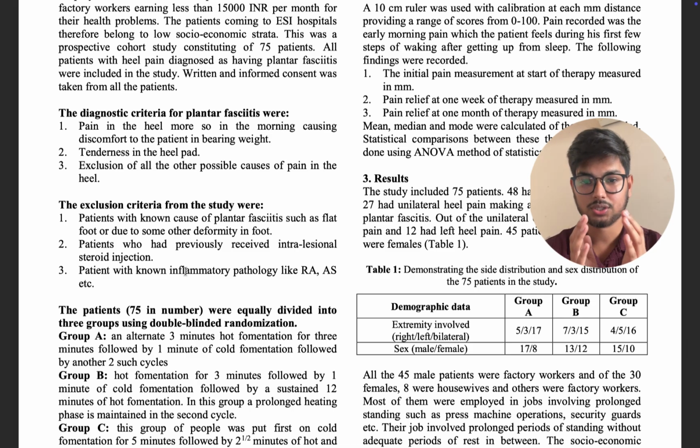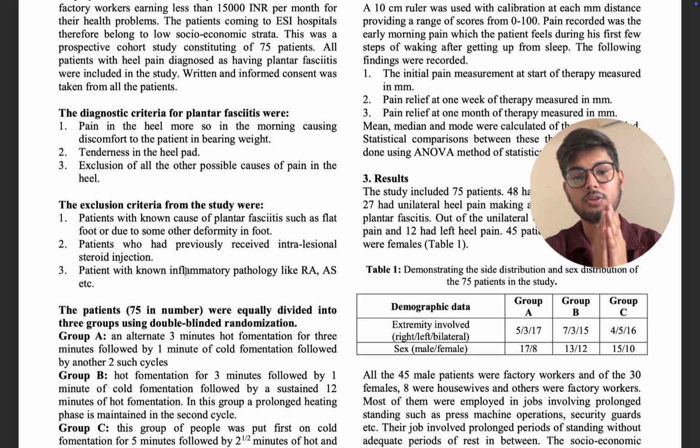So we are just keeping a very unified group that has true plantar fasciitis, and it is not secondary to any other problem. This also gives us very good information about the article, that they have not shown any kind of bias, and they have only included pure plantar fasciitis patients without any other causes.